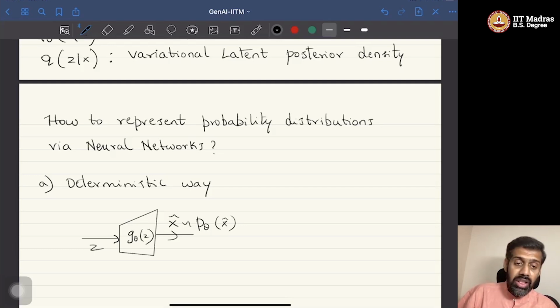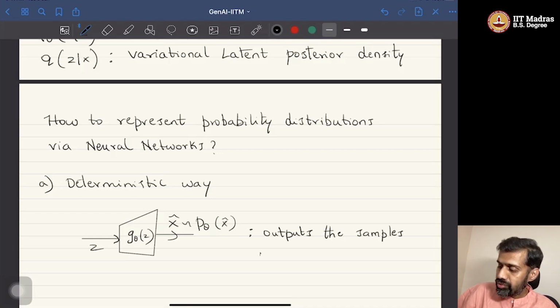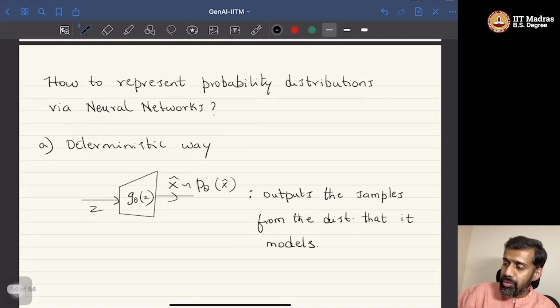In this case, the neural network is not giving you the distribution that it is modeling, but it outputs samples from the distribution that it models. I call it the deterministic way because it is not giving you the distribution itself, but simply giving you the samples.